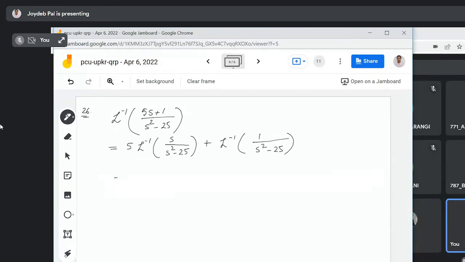So that will be cosh 5t. And for the second part, to make it in the known form, I have to multiply and divide it by 5, isn't it? 5 and 1 by 5.